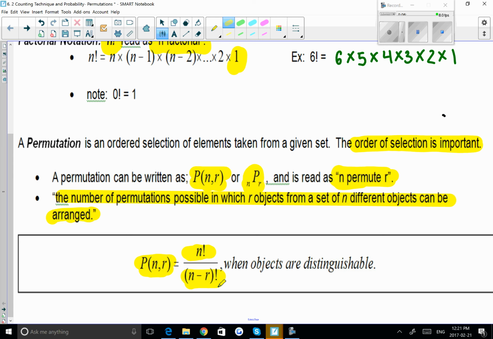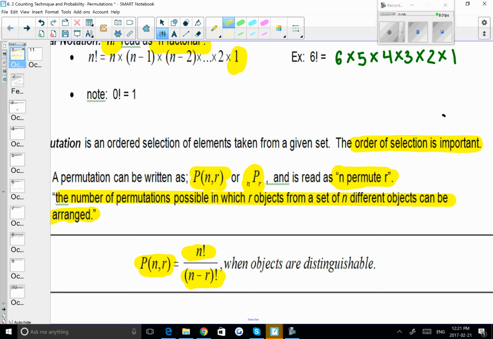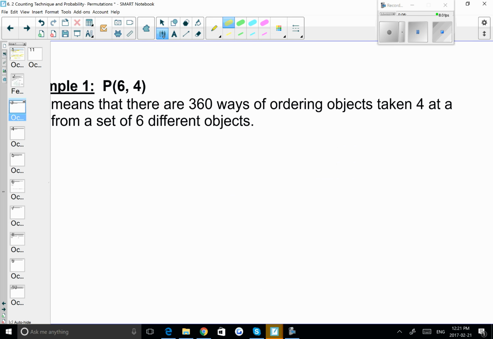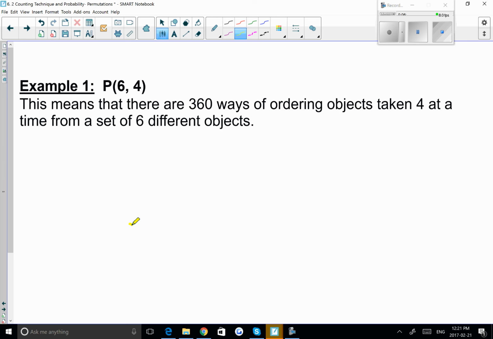So let's see how this is used. So here we have six permute 4. This means there are 360 ways of ordering objects taken 4 at a time from a set of 6 different objects.